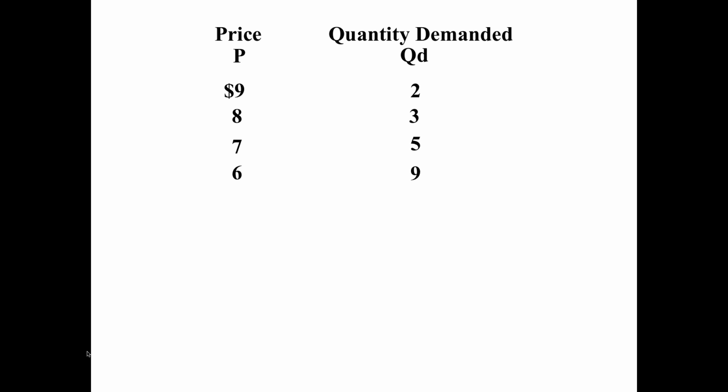Now, what we're going to do is we're going to go ahead and use a chart to reflect this law of demand. And so this is called a demand schedule. So we're going to have our price, which is represented by the variable P, and then we're going to have quantity demanded, which we're going to represent by the variable QD. So we're going to start off, let's say we're looking at hammers. All right, so we start off with $9 a hammer.